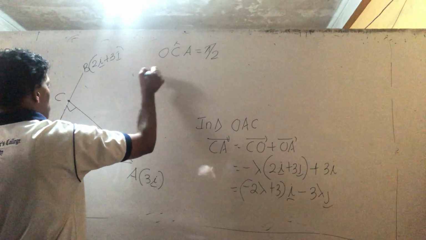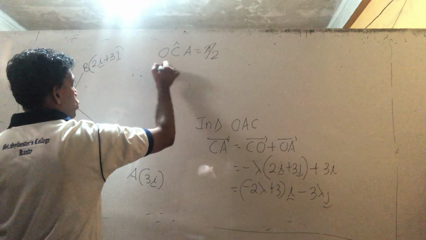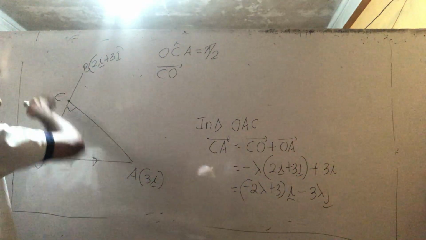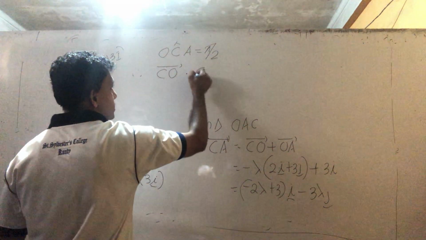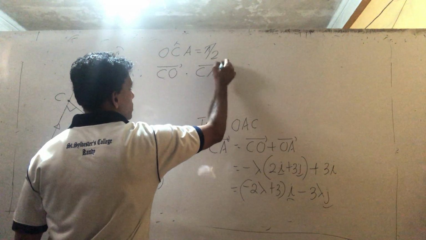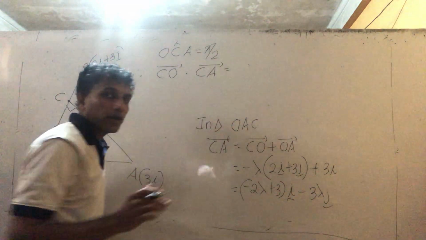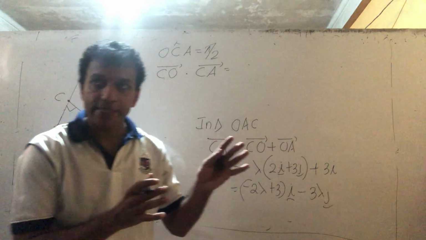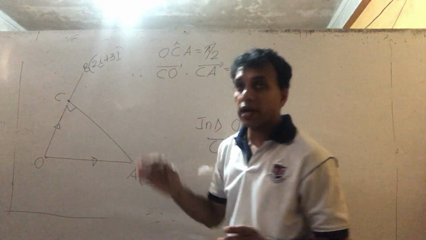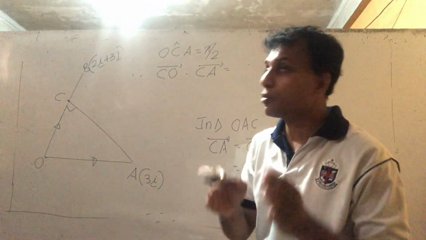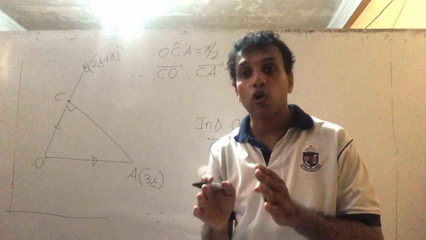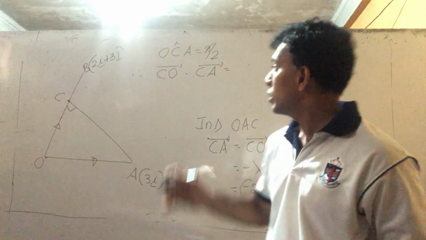Therefore, vector CO and vector CA dot product equals what? The dot product is the mod of vector CO into mod of vector CA into cos 90, that is 0, therefore 0.